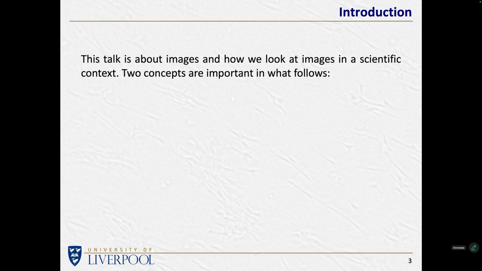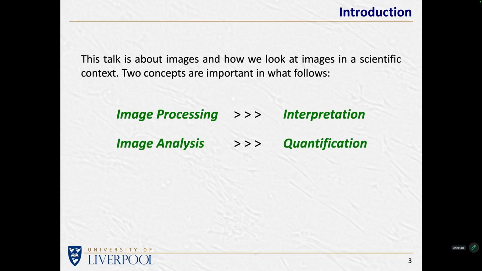So, in order to make sure that we're all on the same page, as it were, because we're talking about images and how we try and extract information from images, there are two important concepts. One is the idea of image processing. And image processing means taking an image and doing something to it to help us in the interpretation of what it is we're looking at, an interpretation of the information in the image.